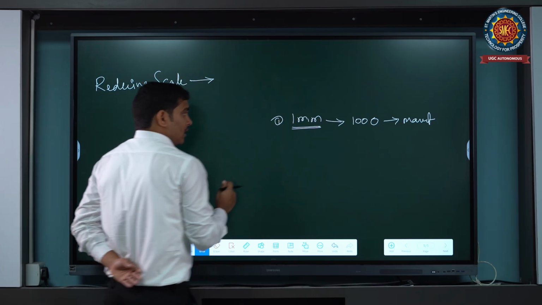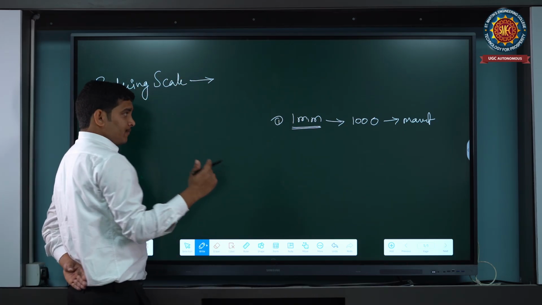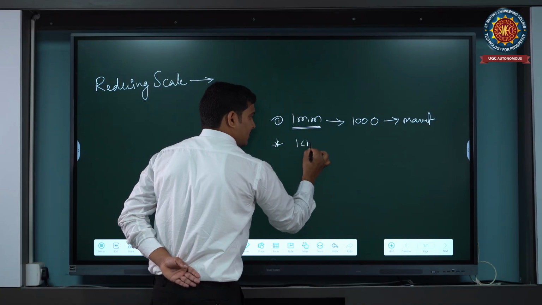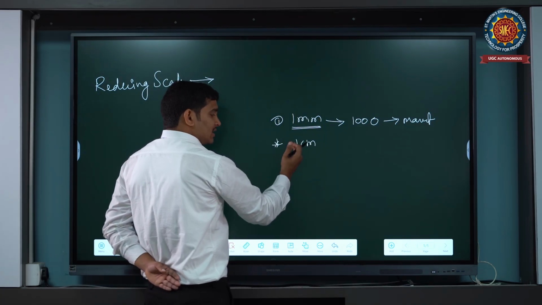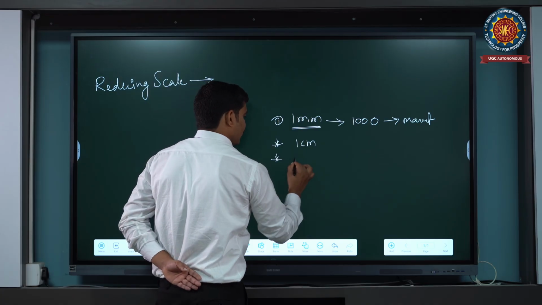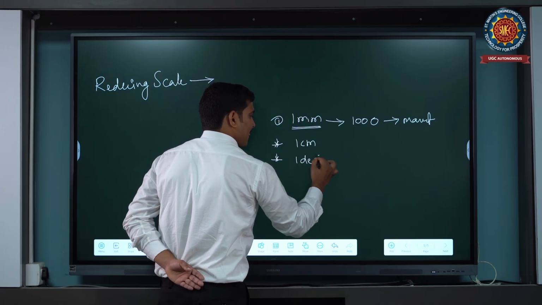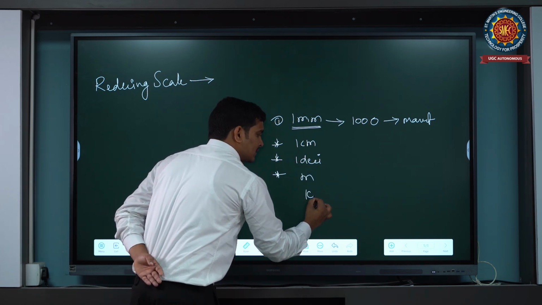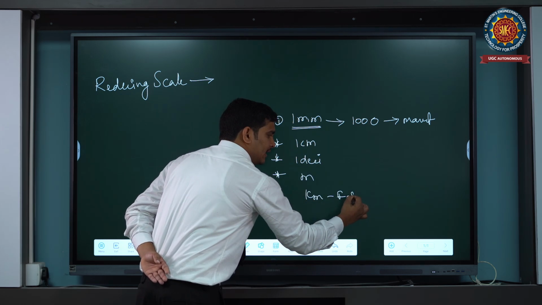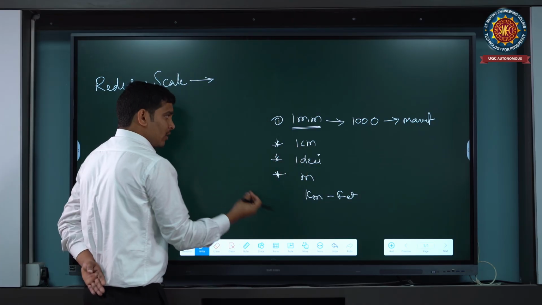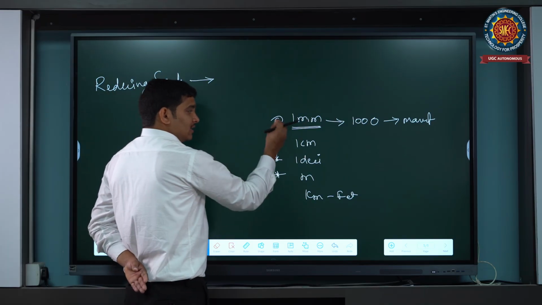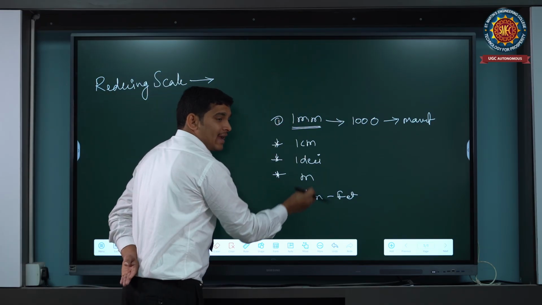We go from 1 mm to above, then 1 mm to 1 centimeter, 1 centimeter to 1 decimeter, and then meters, kilometers, feet, and inches.